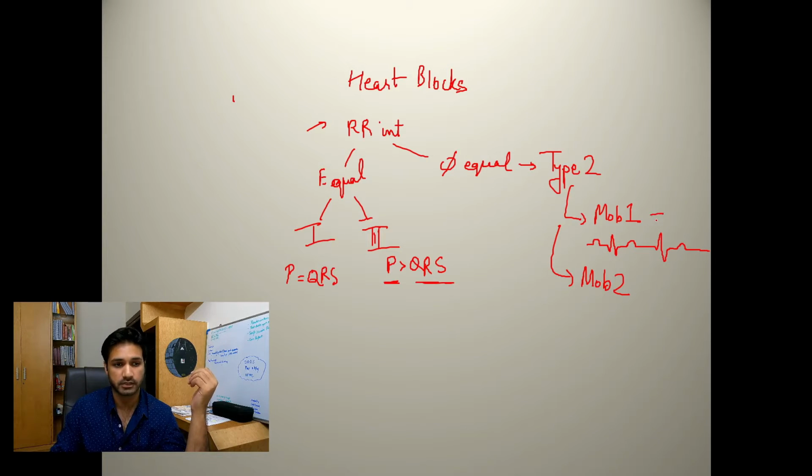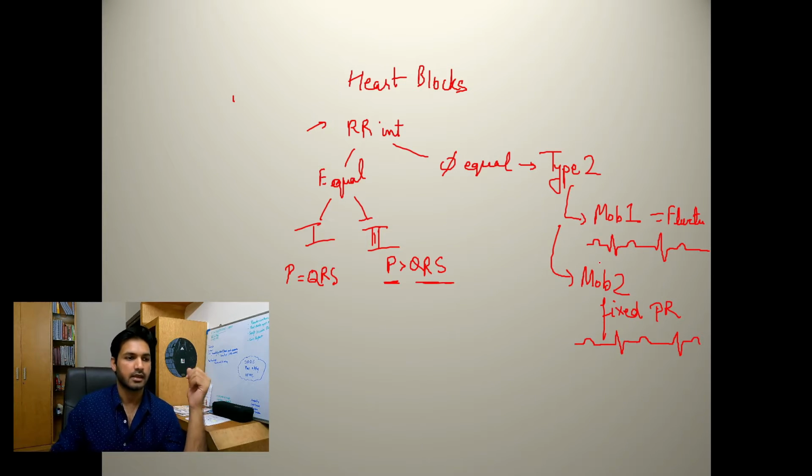So it fluctuates. In Mobitz 2, there's a fixed PR. So the PR is fixed, and over here also it's fixed, and after this P wave the QRS is dropped. Okay, so that's how you can approach a heart block question.